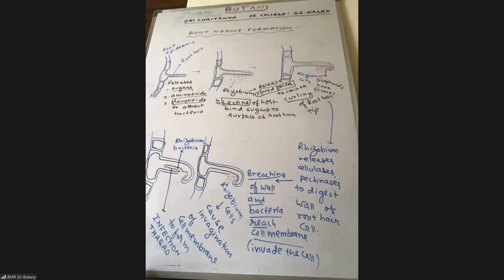Two things the bacteria released, secreted: one was nod factor, the other was cell wall digesting enzymes, cellulases, pectinases. Then four components are from the host: sugars, amino acids, flavonoids, and lectins.